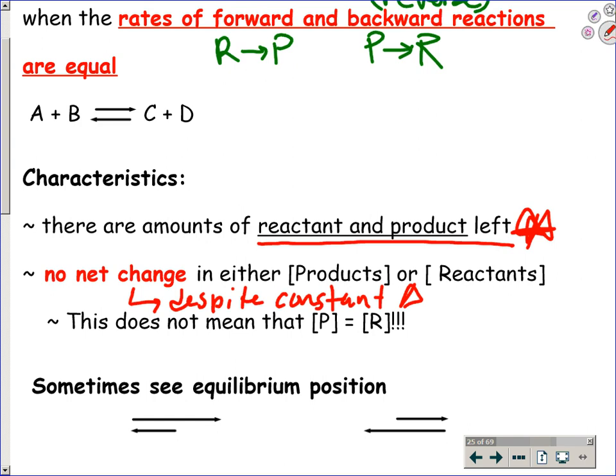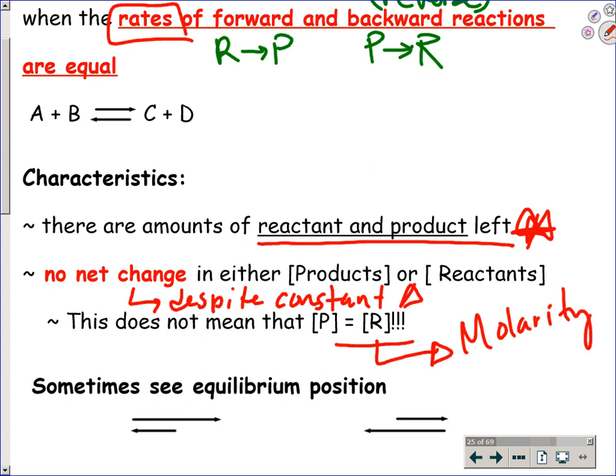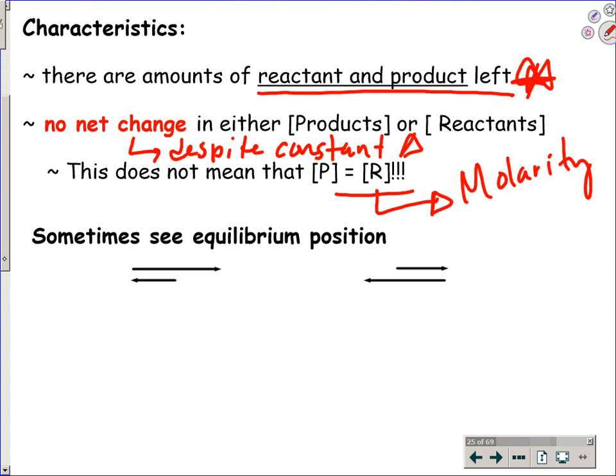It does not mean anything is equal except for the rate. So be very clear. It does not mean that product concentration equals reactant concentration. What does this little bracket mean again? What unit? Molarity. Okay, so that's a big misconception. Do not think that. So maybe if you need to, write that out as incorrect or a misconception, that might be helpful to you.